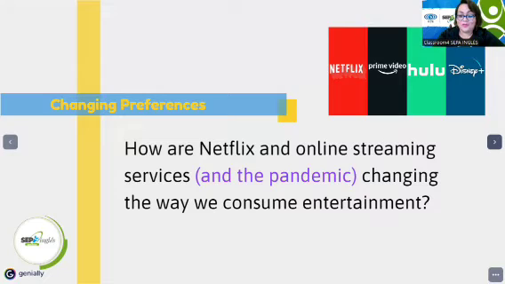The job was online. And of course, we spent a lot of time working online. And of course, if you had Netflix, I think you had plenty of time watching Netflix. How are Netflix and online streaming services changing the way we consume entertainment?